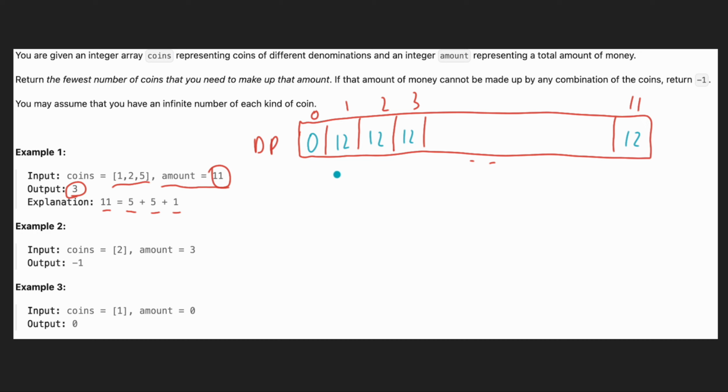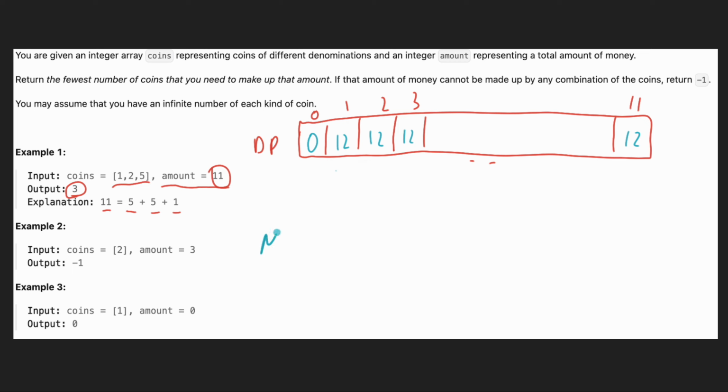Now, which approach are we going to use? First, let's ignore the rest of the array and concentrate only on the first one. How many coins do we need in order to make the amount 1? To do that, we are going to use the following approach.